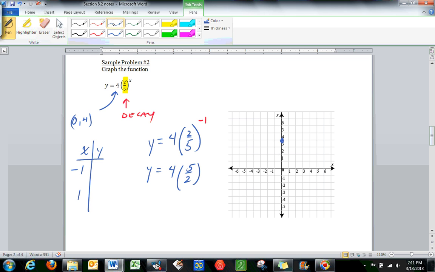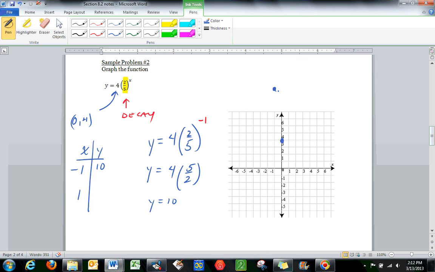And then we'll simply multiply these two together. So 4 times 5 is 20, 20 divided by 2 is 10, and you can see that we're going to get (-1, 10). And of course, in this particular coordinate plane, you got 7, 8, 9, 10, so we're going to be somewhere up here at (-1, 10). Kind of not a real nice point, but it gives us a general idea of where the graph is coming from.